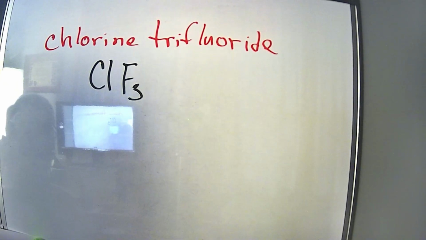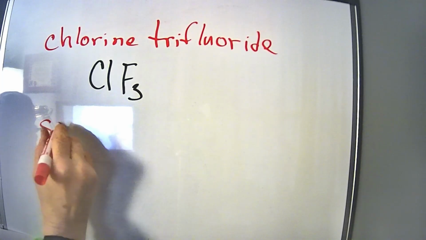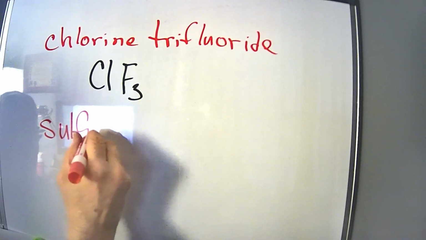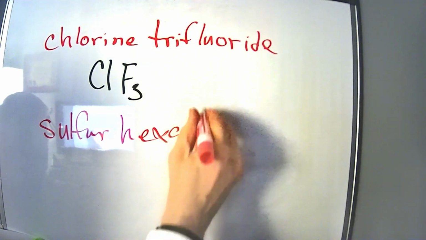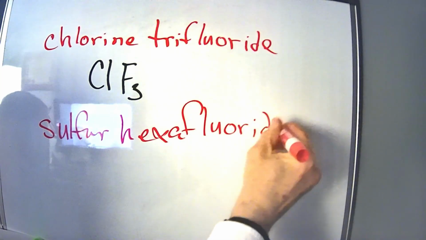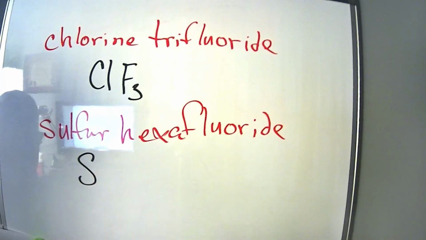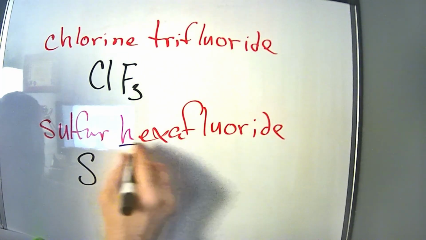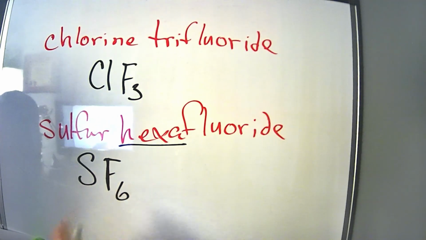And one last example, sulfur hexafluoride. No prefix, understood to be 1. Hexa is 6, so 6 fluoride ions.